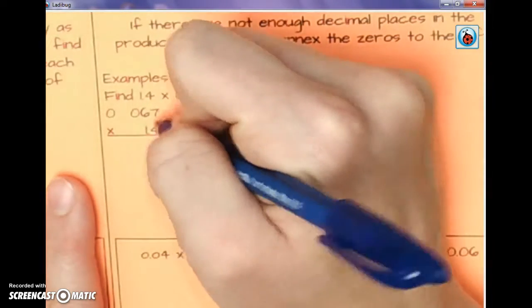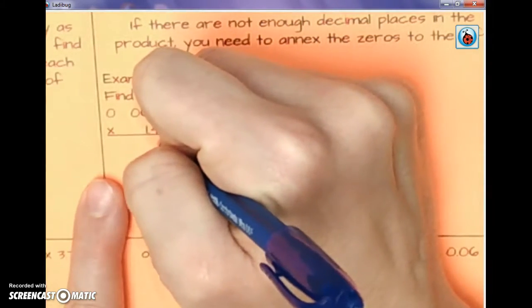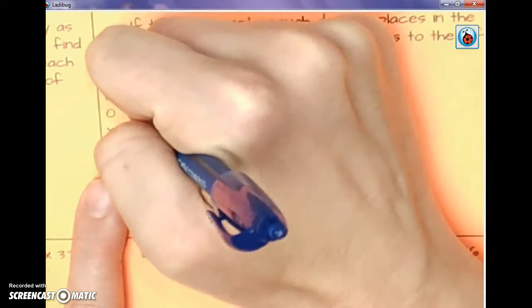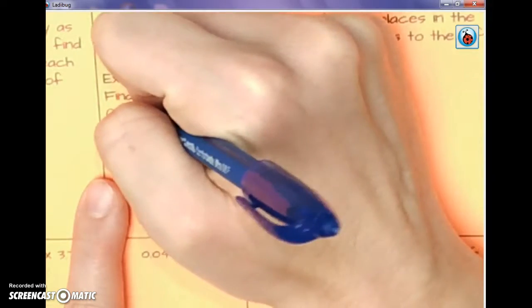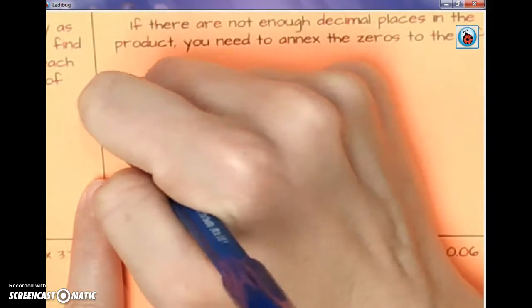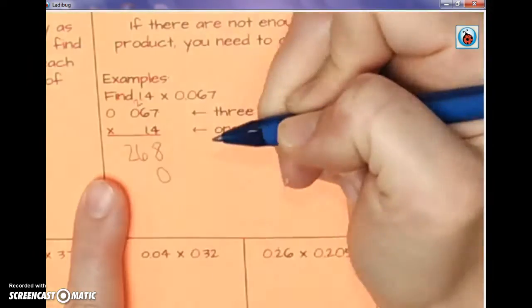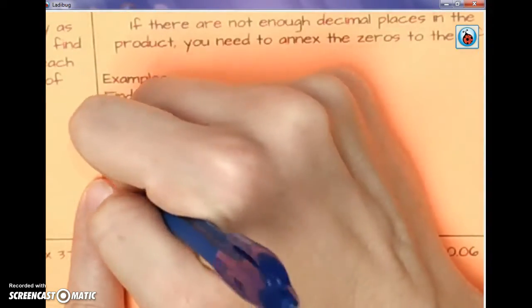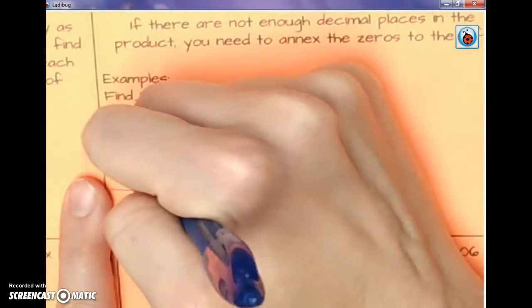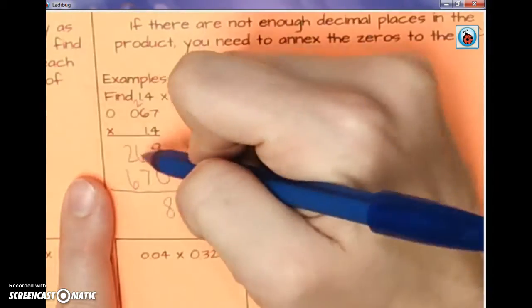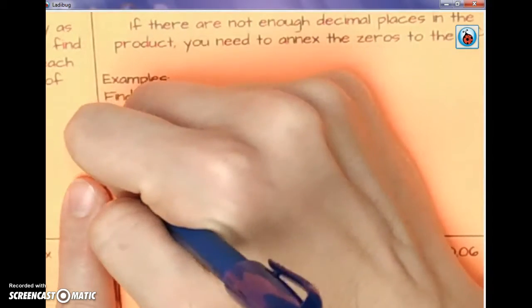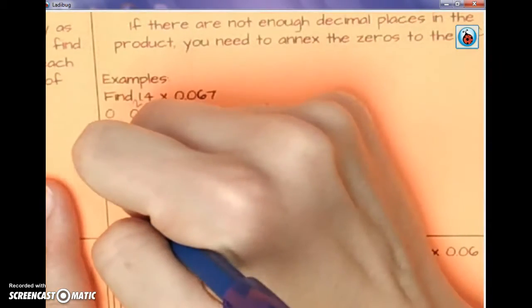So 7 times 4 is what? 28. 6 times 4 is 24. Plus 2 is 26. Magic 0. 1 times 7 is 7. 1 times 6 is 6. So I have 8. 6 plus 7 is? 6 plus 3 is?